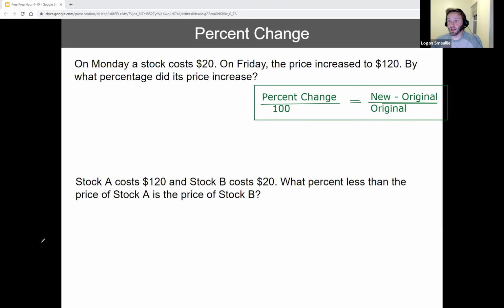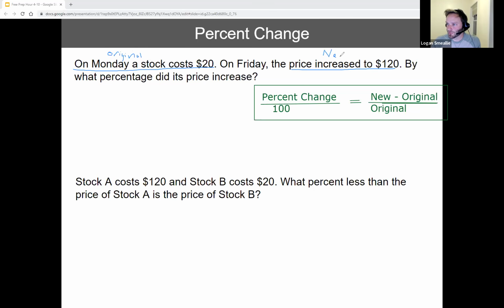To show how it would play out in this situation, on Monday, a stock costs 20. On Friday, the price increased to 120. So in this case, it's pretty easy to tell what's the new and what's the original. The original is whatever came first in time. This is one of those changes over time examples.